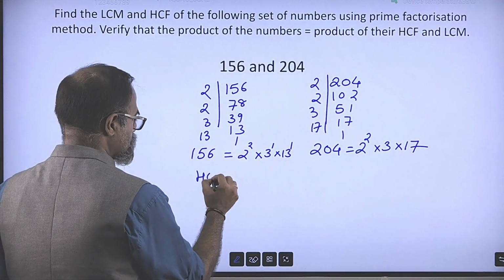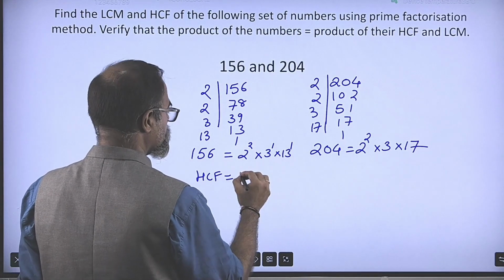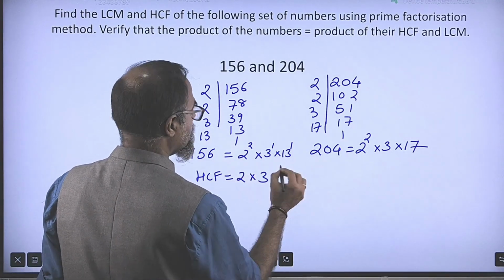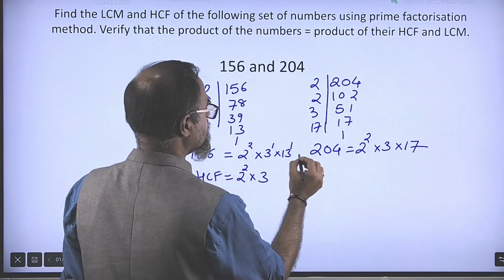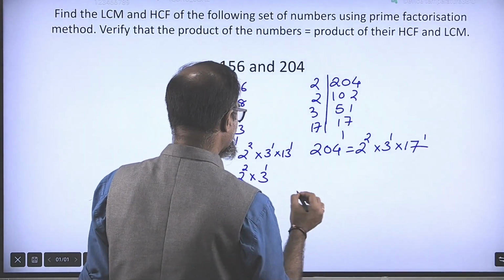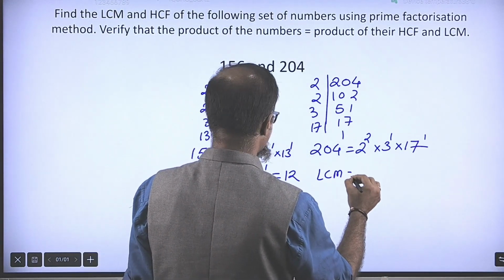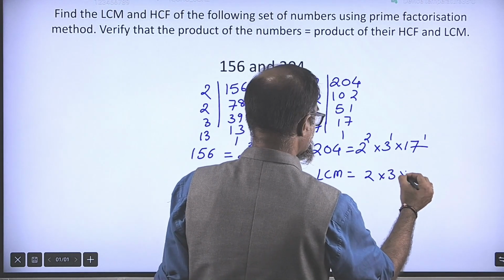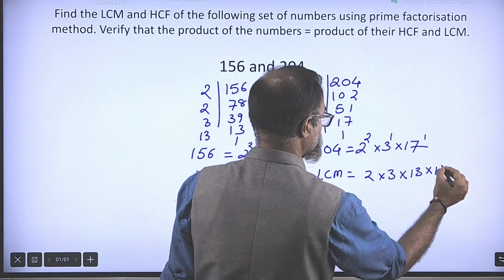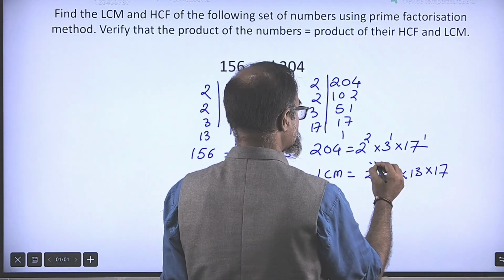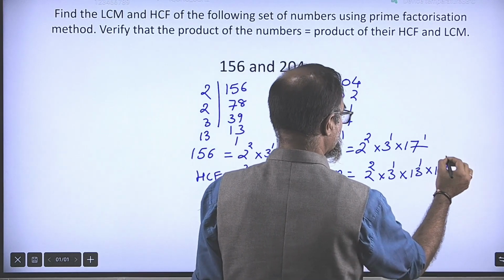So the highest common factor: both 2 and 3 are common, 2 square and 3 power 1, so it is 12. And the LCM is 2 into 3 into 13 into 17, with maximum powers 1, 1 and 1.